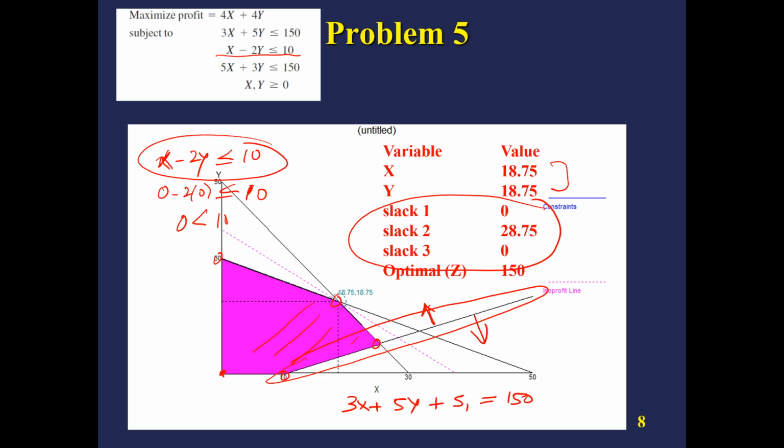Once you have your values of x and y, plug in those values and you get the slack. For the second constraint, slack is 28.75, which means that this constraint is not binding, and we have a slack of 28.75, unused resource.